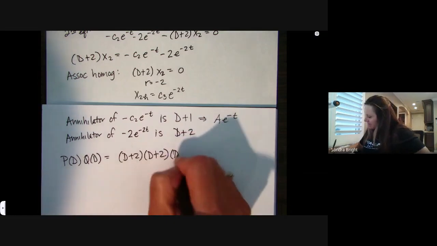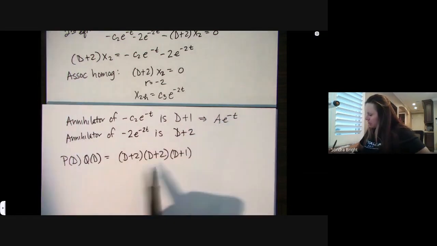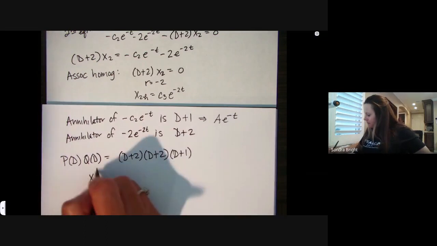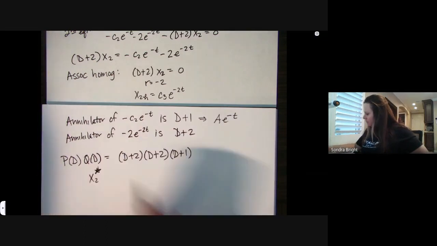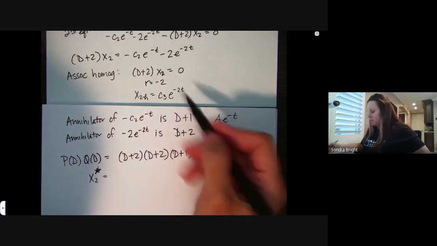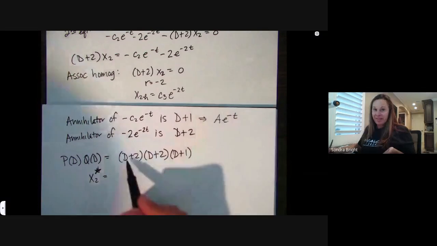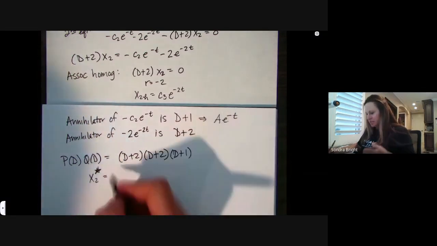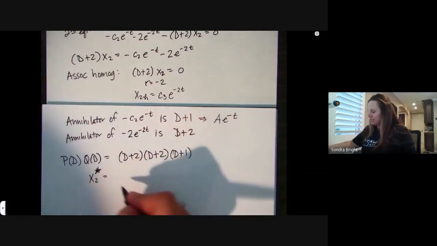So that means X2, I'm going to put a little star, remember, it's the homogeneous. Well, not even that. Let's go to here. D plus 2 and D plus 2 means that you would have, I'm going to bring in another letter. Sorry, because I don't want you to think that I'm talking about the same C3s.